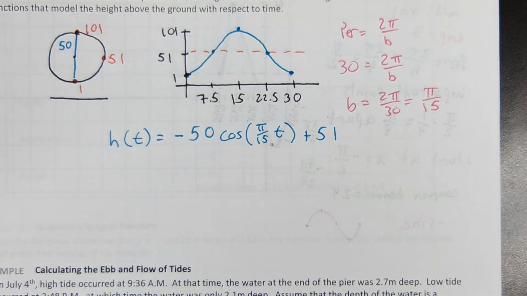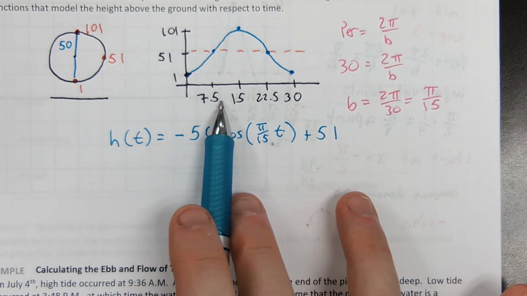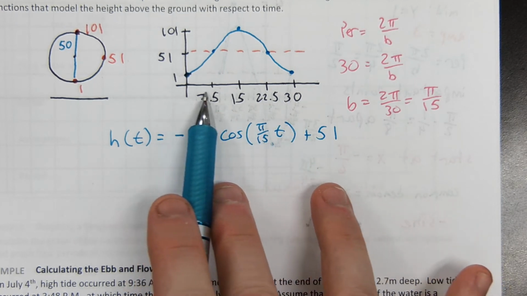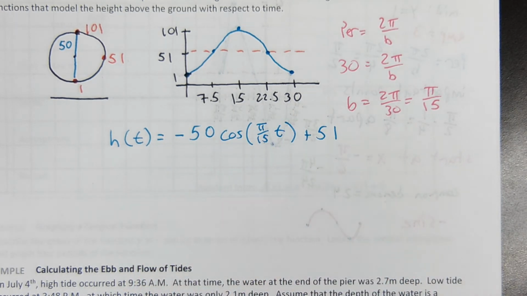If you were going to give me a positive sine model, what value for t would I have to use for this one to begin at the midline and go up? Which of these t values has my graph at the midline and then going up afterwards? 7.5.